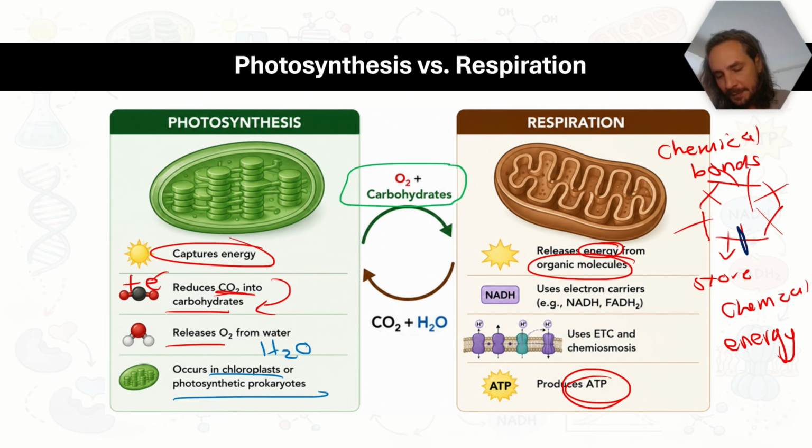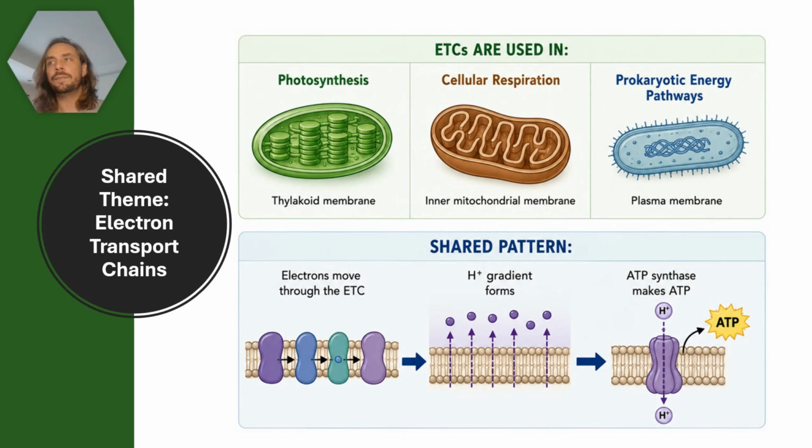Now, when I break this bond, it will release the electrons, so we need the electron carriers that will carry it to the electron transport chain, and then via chemiosmosis, we'll make ATP. Electron transport chains are a shared theme among organisms, and it shows that we have common ancestry.